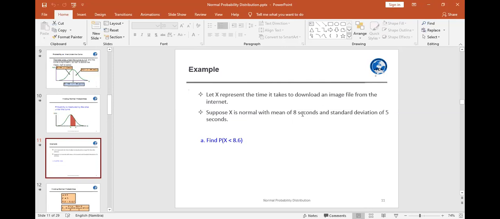This is based on historical data, or what is known. The mean is 8 seconds and the standard deviation is 5, which means there are some variations. Sometimes it's not always exactly 8 seconds. In some cases it can be 10, 15, or 4, depending on how fast your internet is.